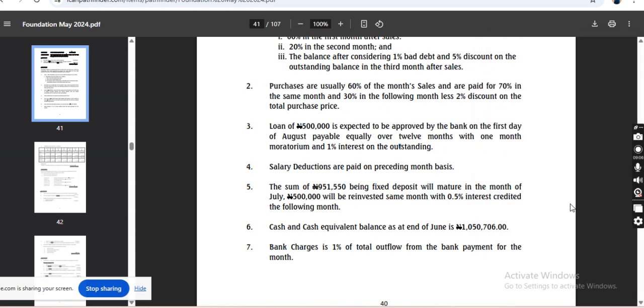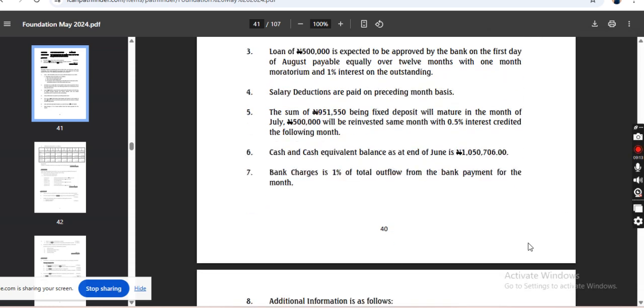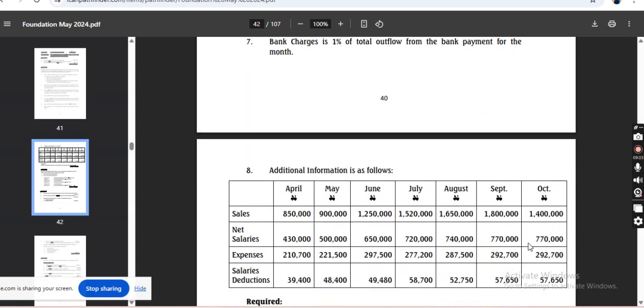Class, the total outflow includes the net salaries, the expenses, and the salary deductions, right? So please, you will give me the figures for all of these. Someone should screenshot these net salaries, expenses, and salary deductions. Quickly, have you done that? Yes, sir. Okay, thank you.